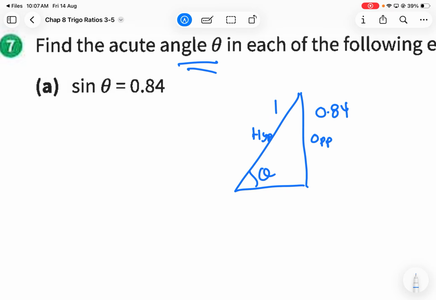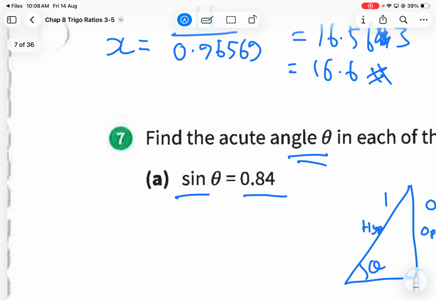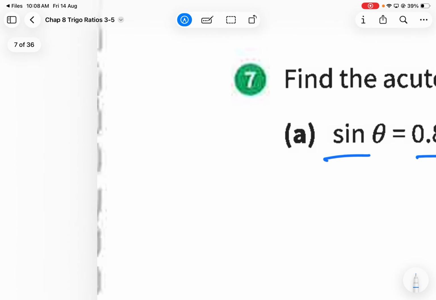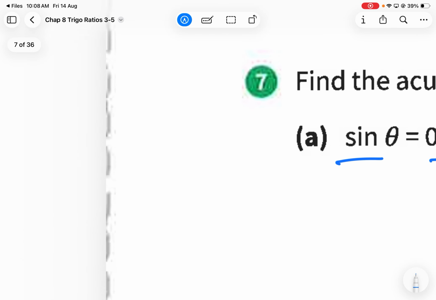Remember I told you all your ratios, all your sine, cosine, tangent are saved inside your calculator. Your calculator is smart enough to do the opposite. Meaning, I tell the calculator this is the ratio, and the calculator tells me what the angle is. So, when we look at it as an equation, from sine theta, I want it to become theta.